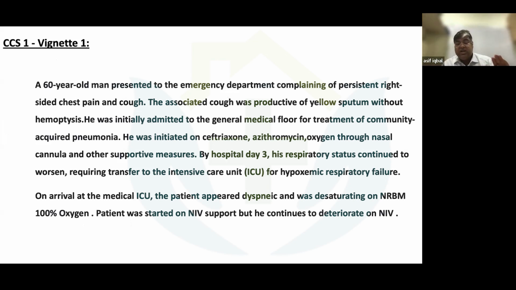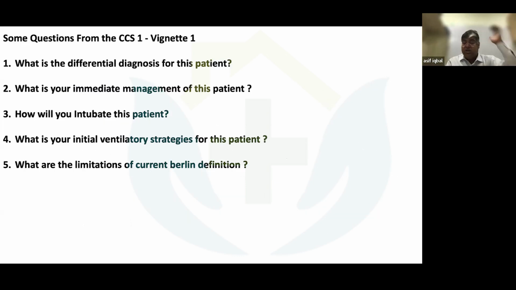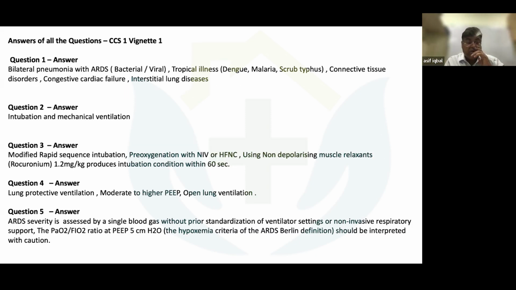That means the indication is NIV failure. So you do not say you will give HFNC or wait for the NIV to settle. No, you clearly say that you will go for mechanical intubation.